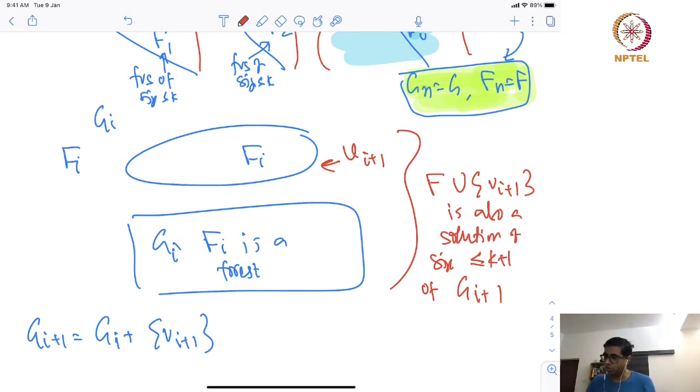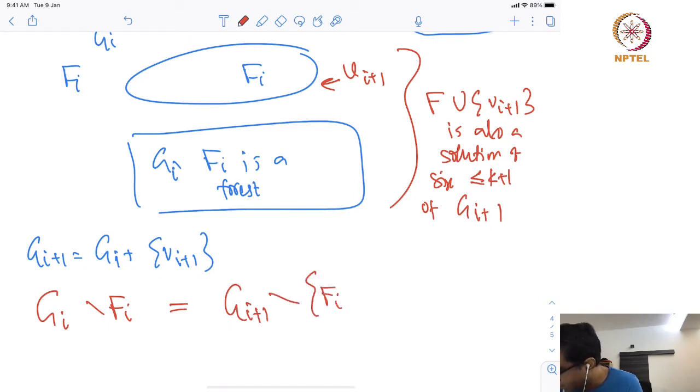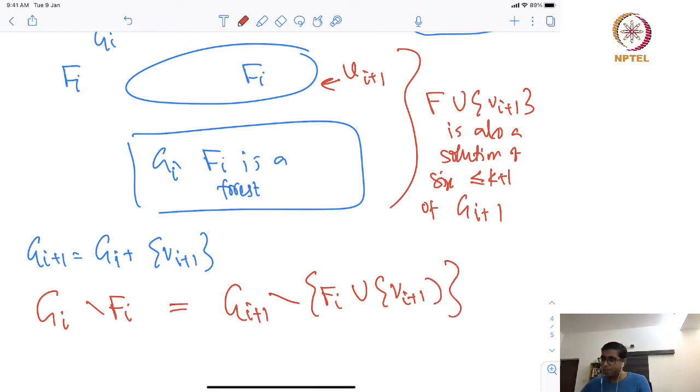Because after I delete Fi, Gi minus Fi is a forest. So, if I look at Gi plus 1 and I not only delete Fi, I also delete Vi plus 1, then what is remaining is Gi minus Fi. So, Gi minus Fi is the same as Gi plus 1 minus Fi union Vi plus 1, and that is great.